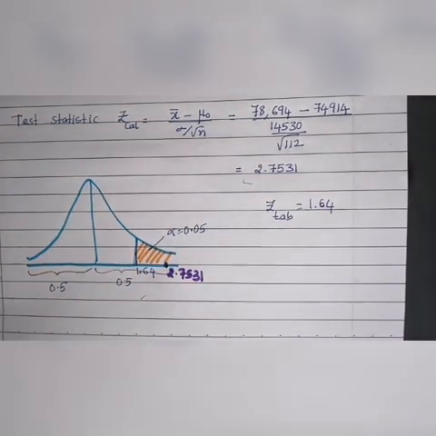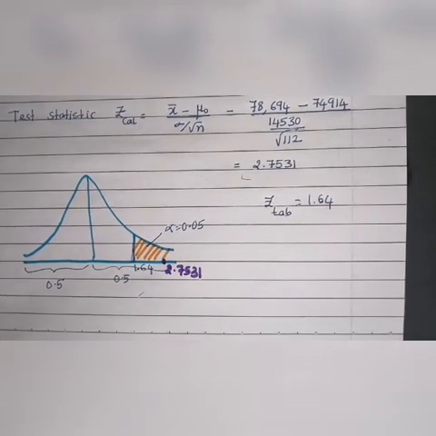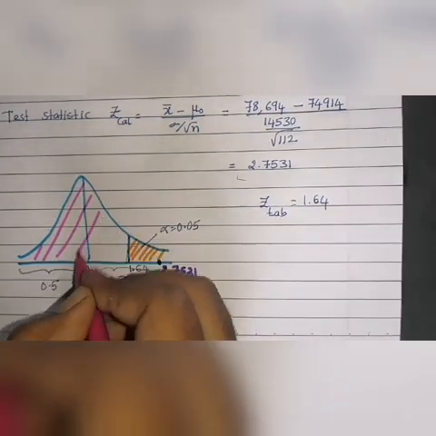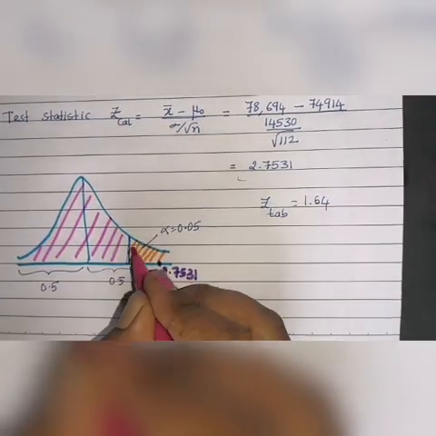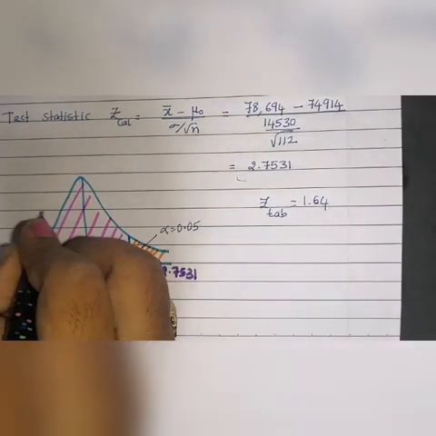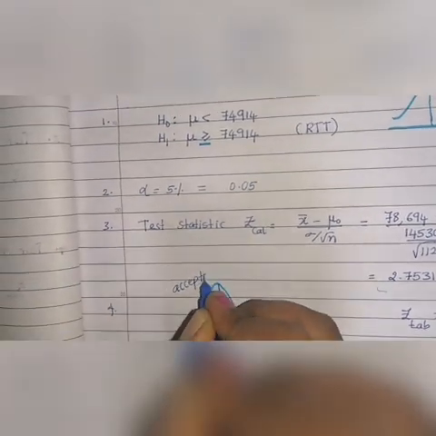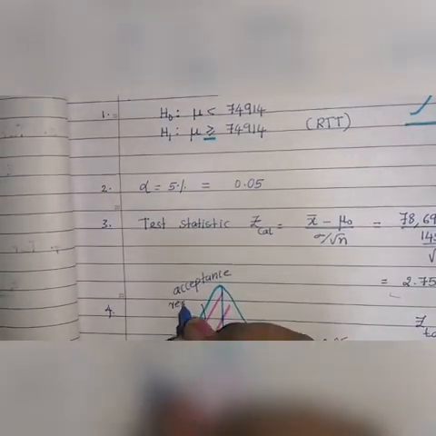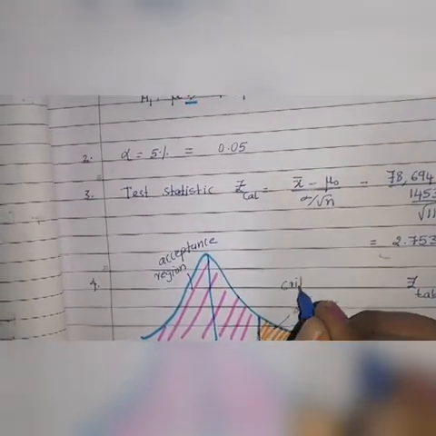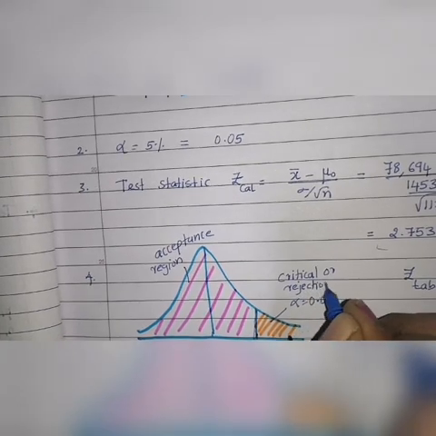Okay, now this entire region is the acceptance region, and this alpha region is the rejection region. So this is the acceptance region, and this is the critical region or the rejection region.